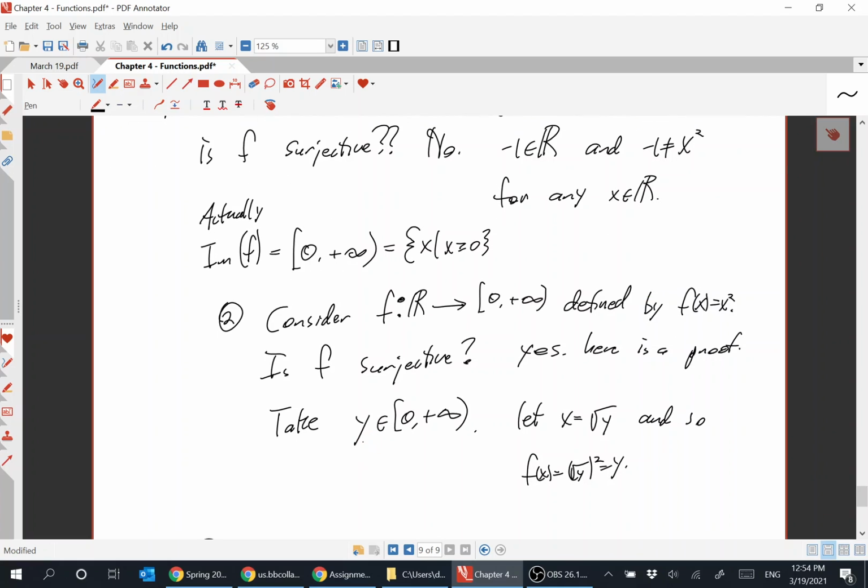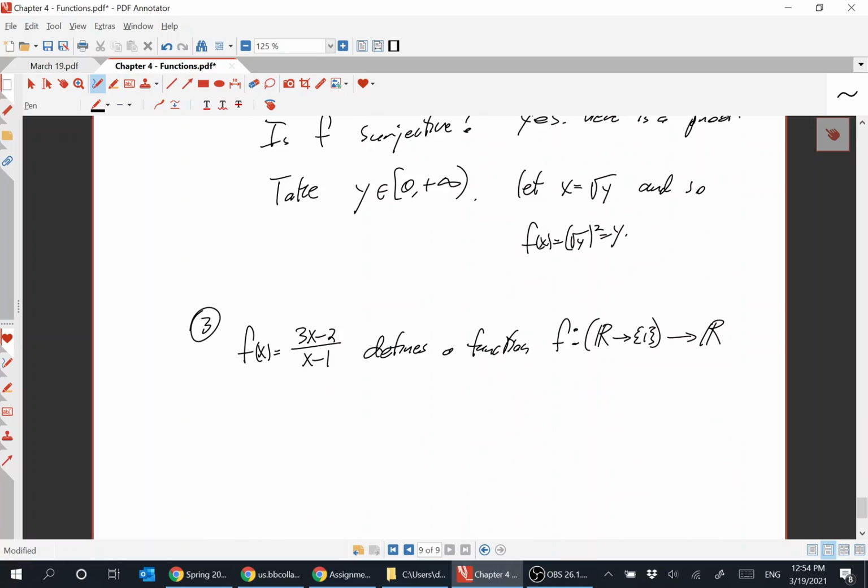Take y in the range, so y is a non-negative real number. What domain element x goes to that y? When you specify that domain element, your answer is in terms of y. So we let x be the square root of y, and then f of x is the square root of y squared, which is y. So the answer is always in terms of y.